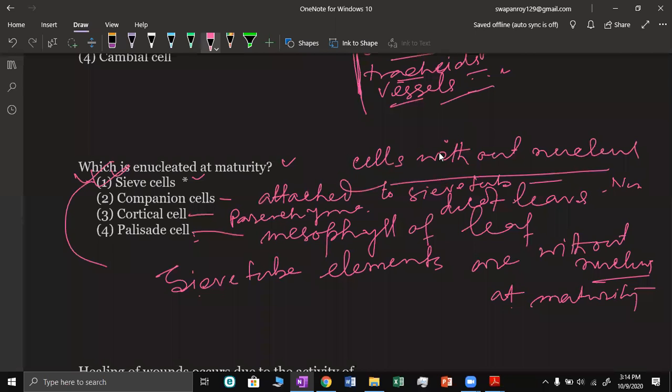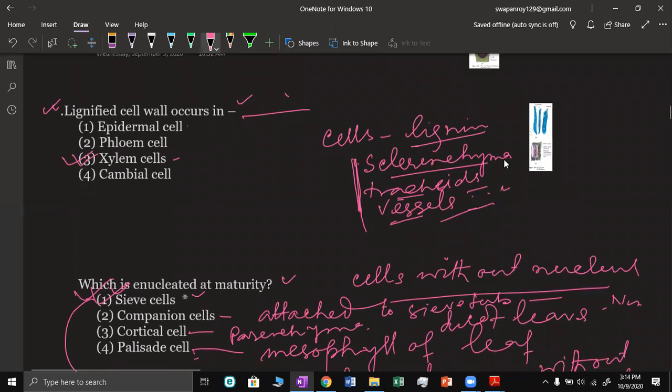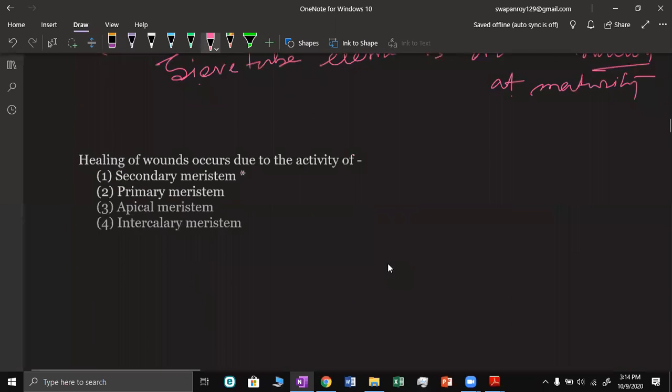But actually, these are dead cells. When sclerenchyma is mature, it is dead, so naturally it doesn't have nucleus. But the sieve tube cells are living, with living cytoplasm, but still they don't have nucleus.